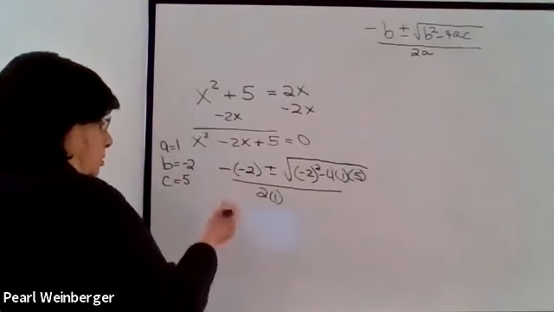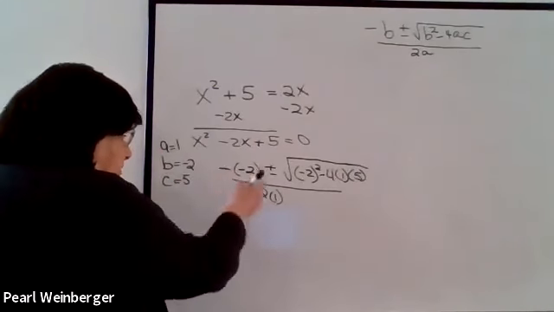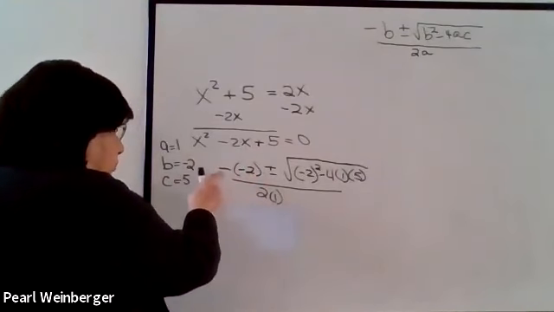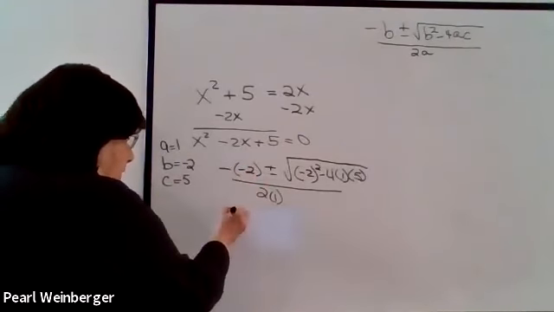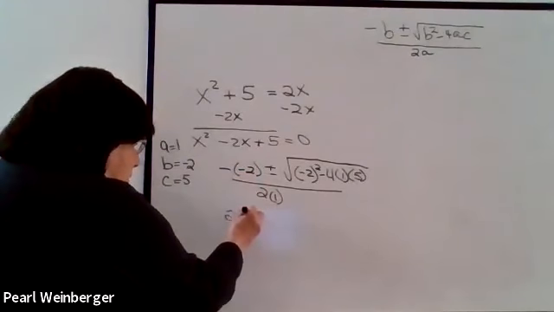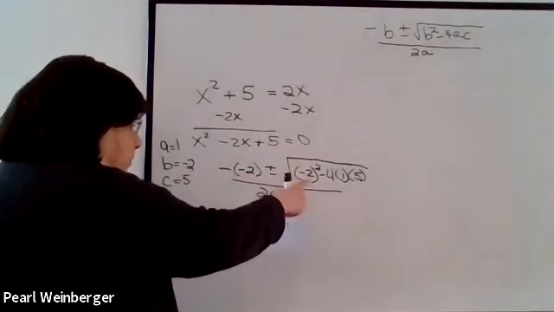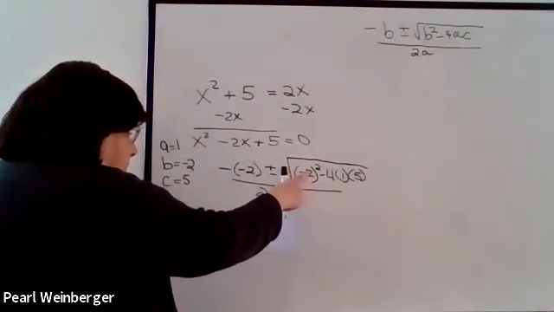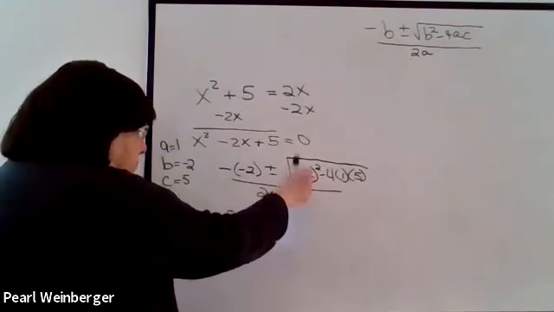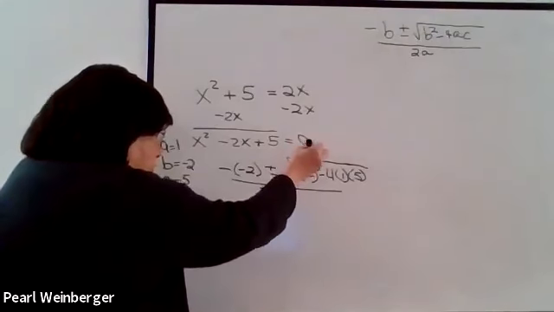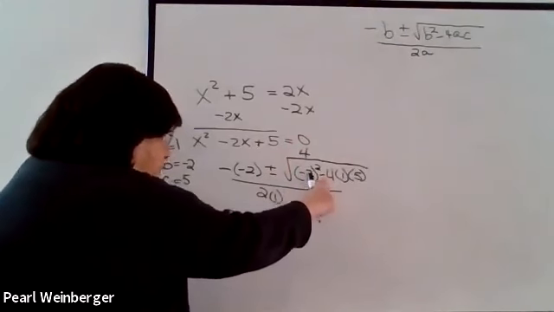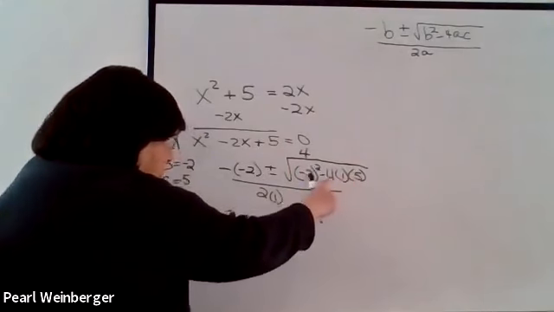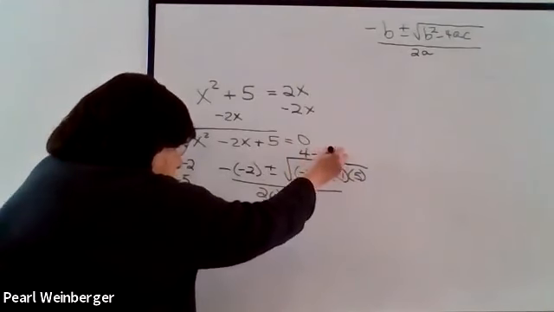Okay, now we're going to combine things and get things a little bit simpler looking. -2 becomes a +2. Okay, here's my big work. I have to do this in steps. -2 squared is -2 times -2, which is +4. And then I have -4 times 1 times 5, so that's -20.